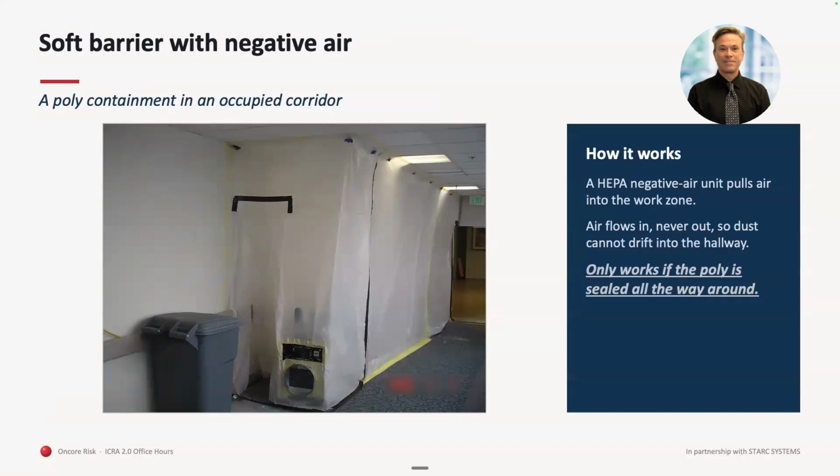The flap has to be either a zipper or a containment or a door of some sort. Those are the best methods to show that we are containing the space and making them smoke tight. In this arrangement, that wouldn't meet the fire code or an ICRA requirement at all. So this is a great example of what we don't really want to see in a barrier that's put up in a hospital.